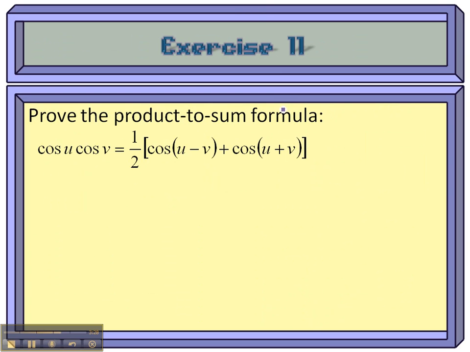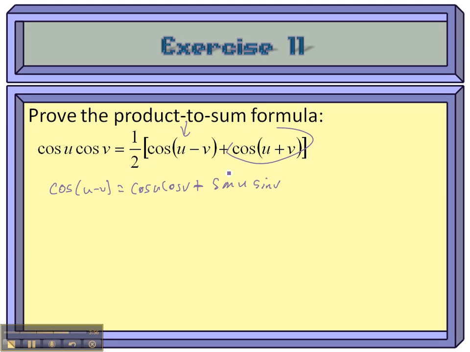Exercise 11, we're going to prove one of these product to sum formulas, the one for cosines. So if we look in the parentheses, this is just the difference formula for cosine. So I'm going to write it down. Cosine of u minus v is equal to, cosines go together, so cosine u cosine v, and since this is a minus sign for cosine, we change it to plus sine u sine v.